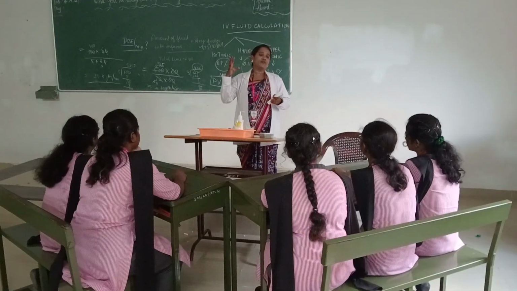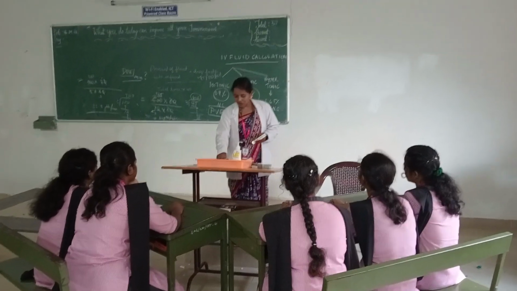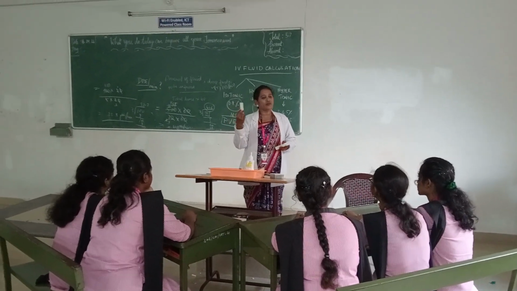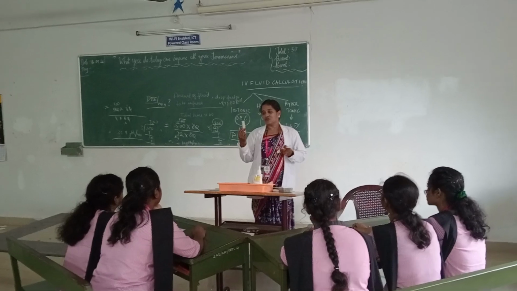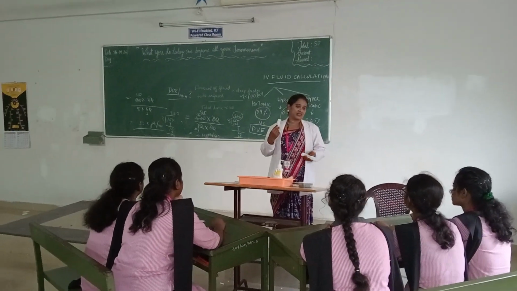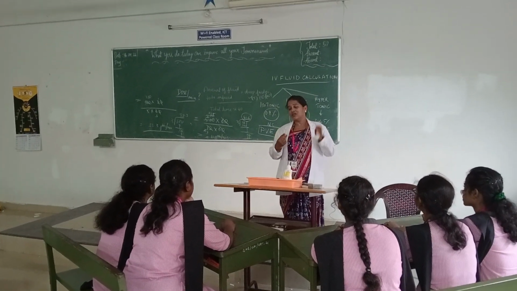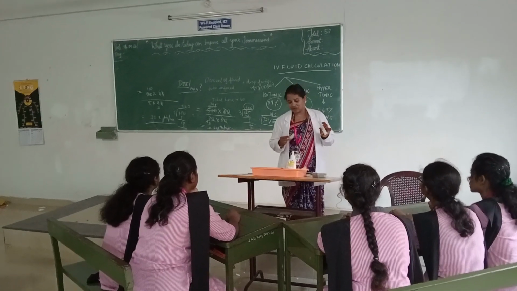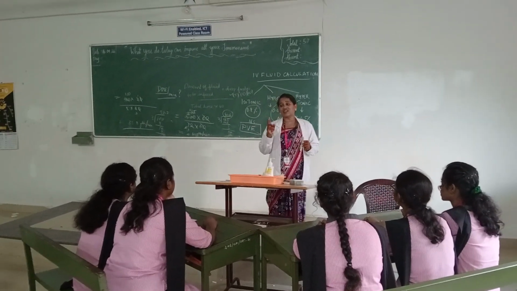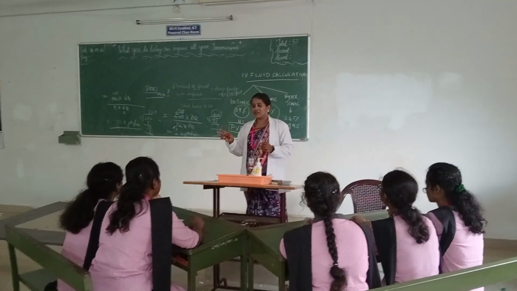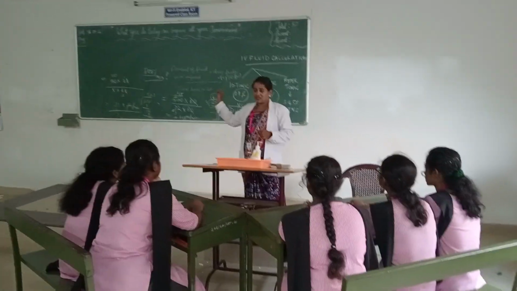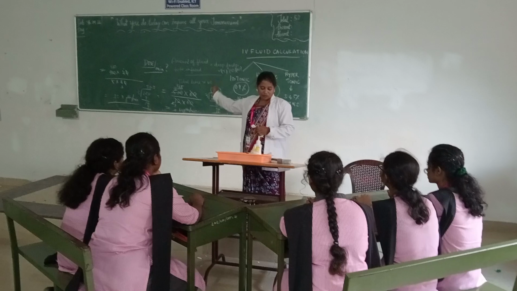If you want to give large infusions and you go for a smaller gauge, will it go very fast? No. So according to the need of the client and the emergency situation, we decide the size of the cannula. So that is the second important variable which influences the calculation of IV fluid infusions.